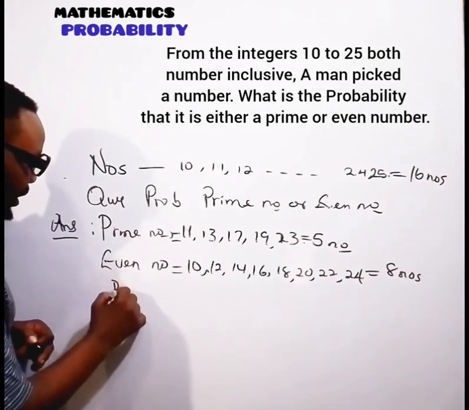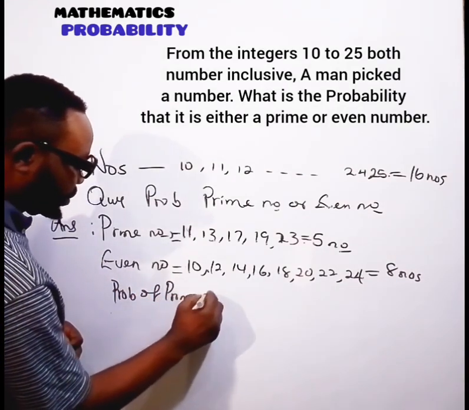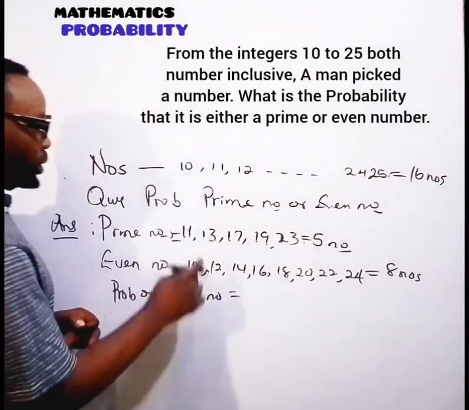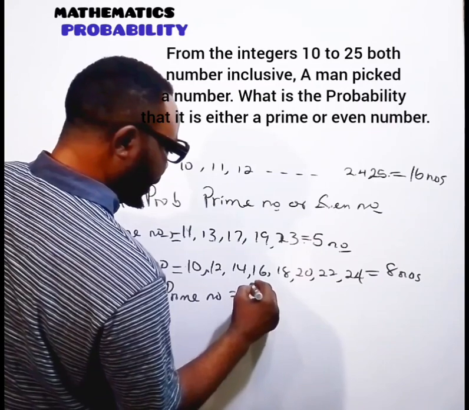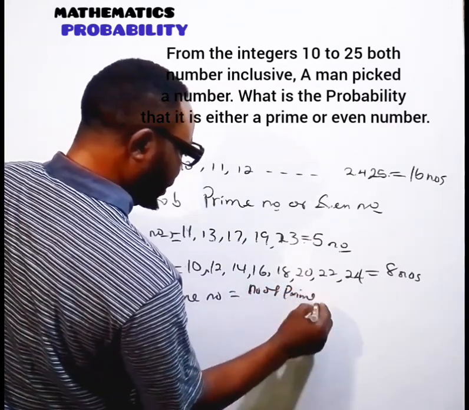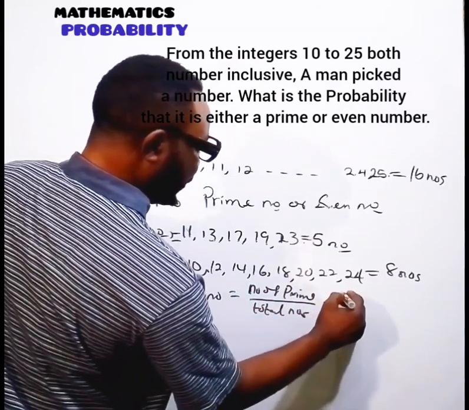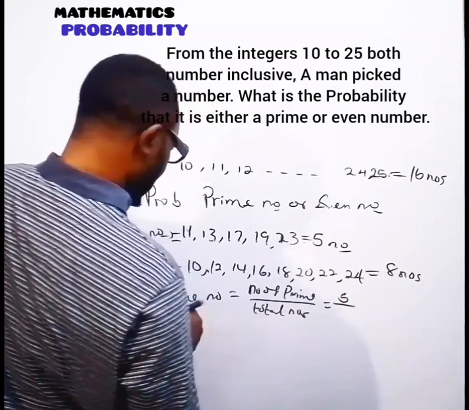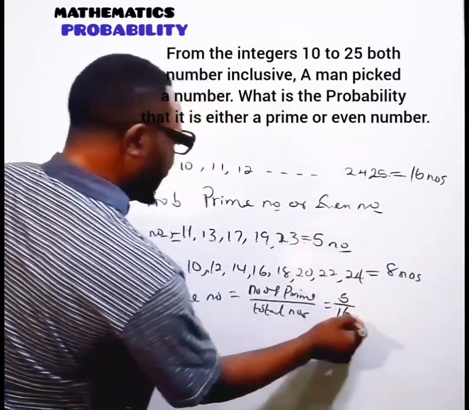Now, the probability of a prime number will be equal to the number of primes all over the total numbers. That's 5 over, what's the total number you have there? 16. That is the answer there.